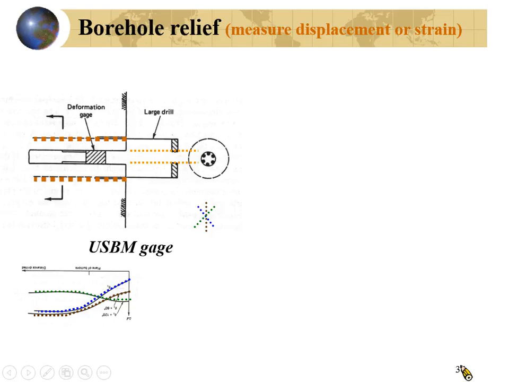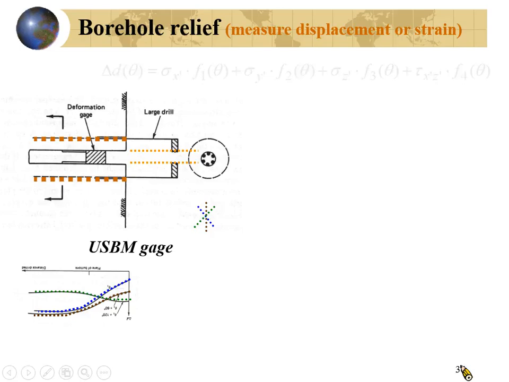Again, you overcore it like this, and your 3 points will be formed like this. So you will measure the displacement along the brown direction, blue direction, and the green direction. So right now, if you can obtain the relation between the relieved stress and the displacement, then you can determine the stress.